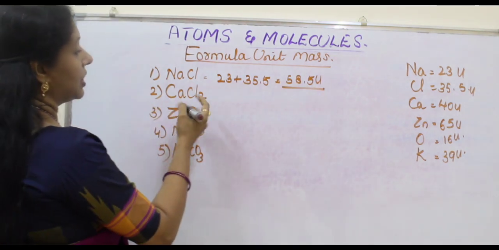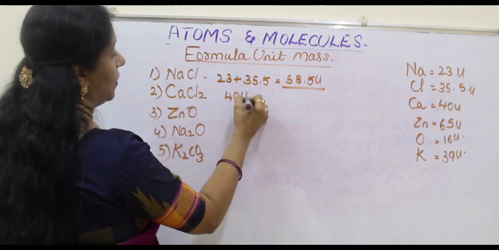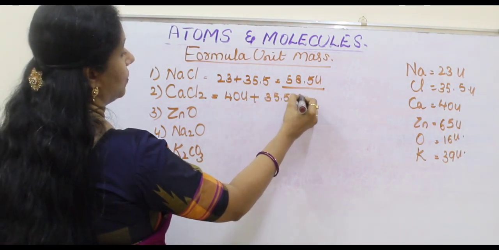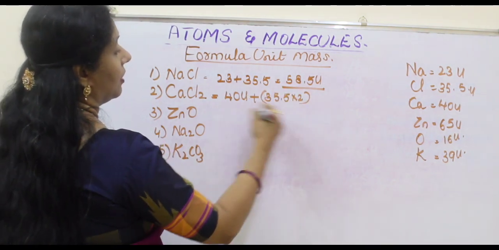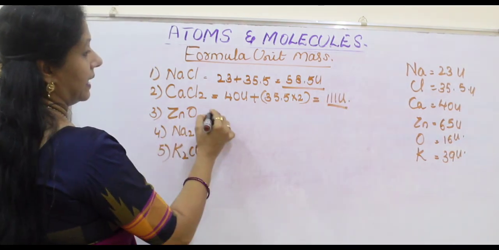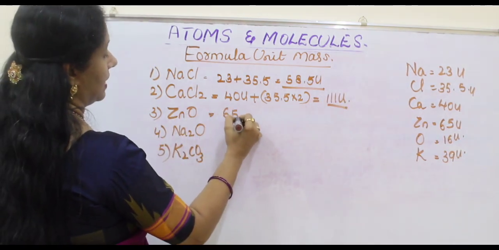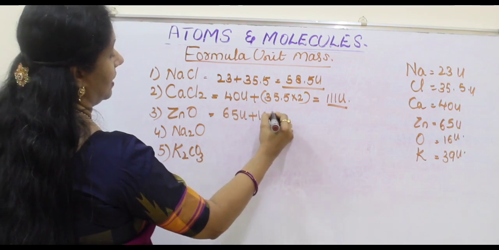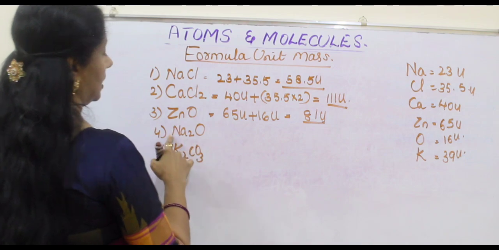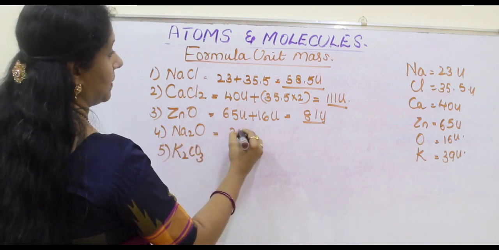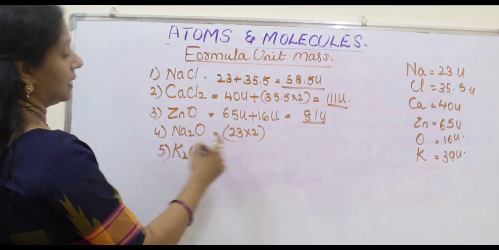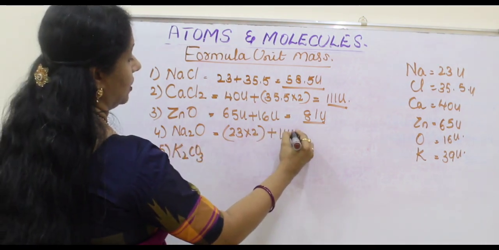Okay, then calcium chloride. Calcium is 40U plus chlorine is 35.5 into 2, so 71. 71 plus 40, so 111U. Zinc oxide: zinc is 65 units plus oxygen is 16 units, 81U. Sodium oxide: sodium is 23 but 2 atoms are there, plus oxygen is 16U.